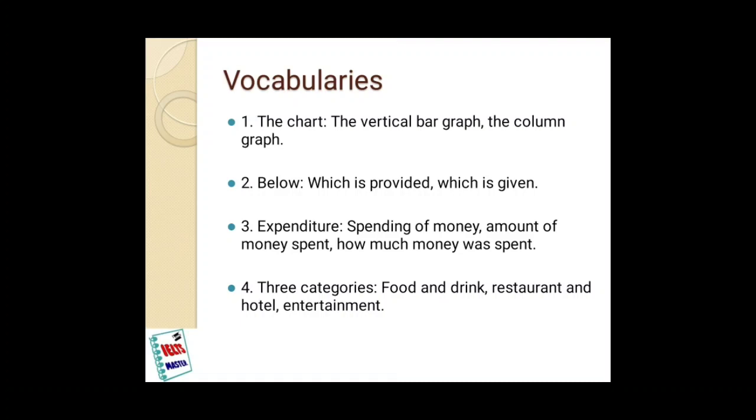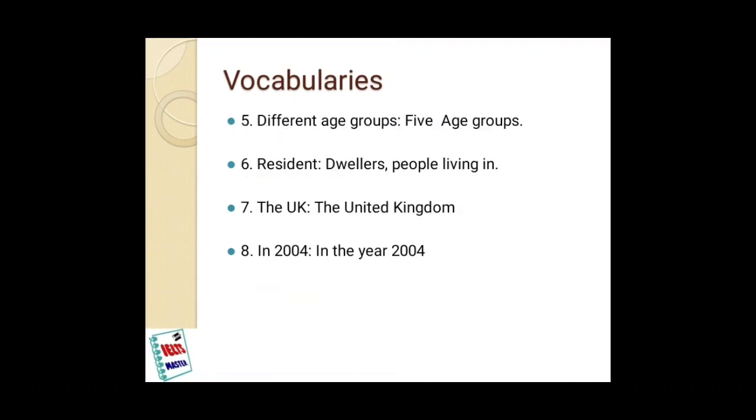Next, we can see 3 categories. For that, you can describe at least the 3 categories. Just try to describe what the categories are: food and drink, restaurant and hotel, entertainment. Next is different age groups.